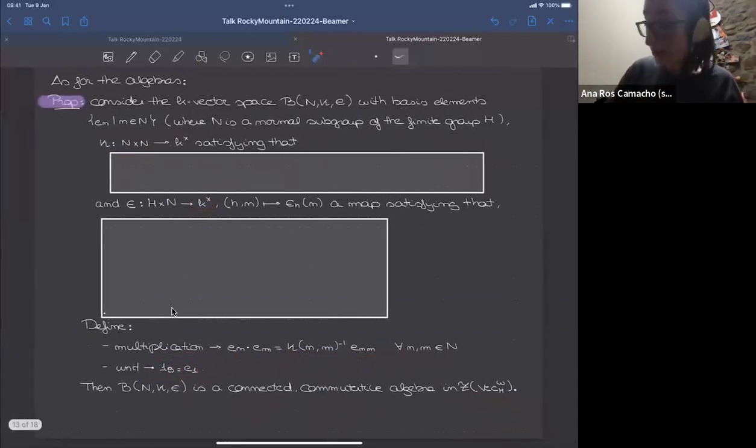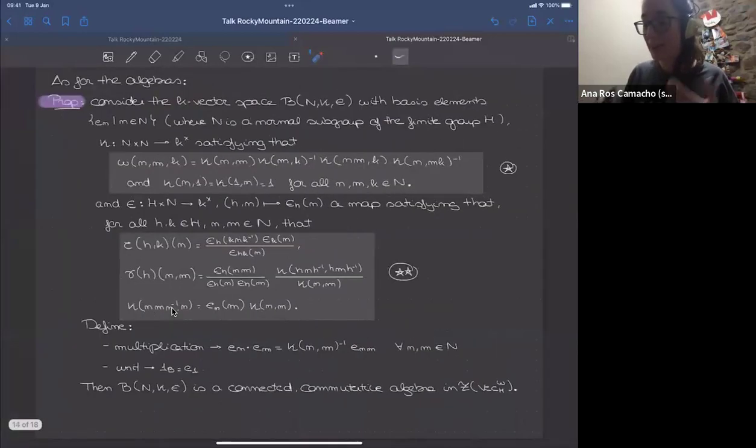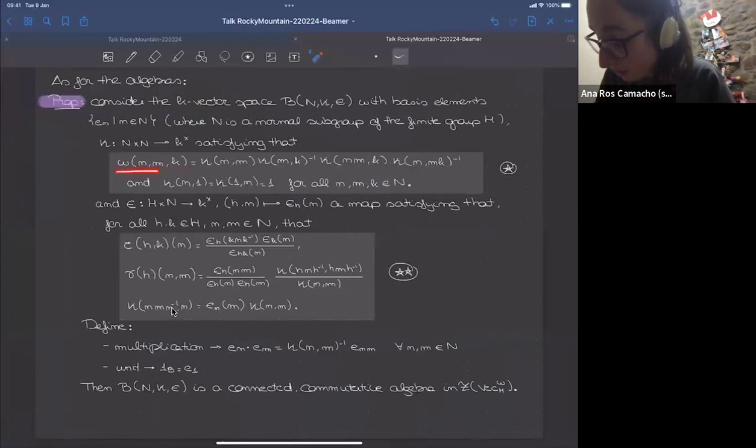And now let's have a look at what happens in here. Because these functions, although in the very beginning we were like, oh, okay, some function in here, well, actually they are related to the 3-cocycle in a very nice way. So our omega needs to be related to this kappa, because it needs to appear as this product of 4 different kappas.